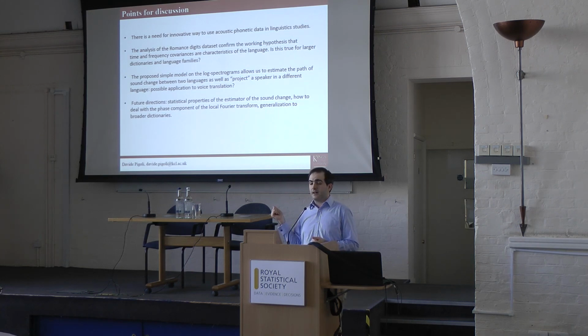And how do you do that? In practice, I used the phase from one of the speakers, because it's true that the phase does not contain any linguistic information, but still it cannot be anything. It needs to be the phase of a sound. Otherwise, you cannot reconstruct something that sounds like a sound, like a word.